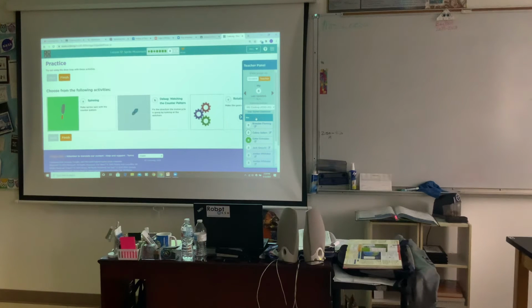Let me know if you need any help. So now I gotta make a counter. So it looks like for the spinning, I just need to set a Sprite rotation that is constantly counting. Is this positive or is this negative?